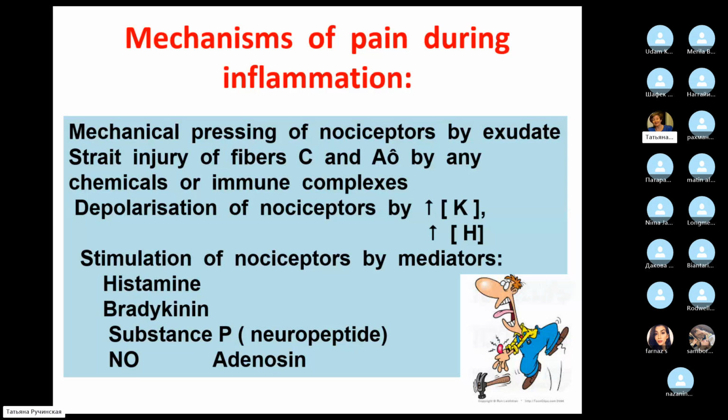So if you touch the region of inflammation, you will feel that the skin, for example, is warmer than the skin which is outside the region of inflammation. Why? The mechanism of it will be arterial hyperemia.